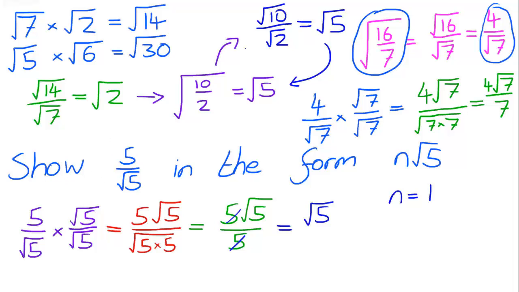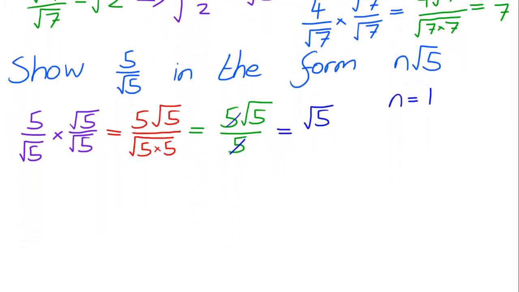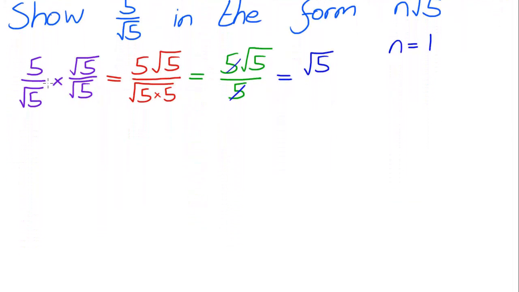But I'm going to go on to show you something a little bit more tricky than that. Give myself some room. It uses the same concepts as this, but there's a trick that you have to learn for doing this. So let's say you get given 3 plus root 7 over, let's say, 5 minus root 7, and we're told we need to eliminate the surd in the denominator.